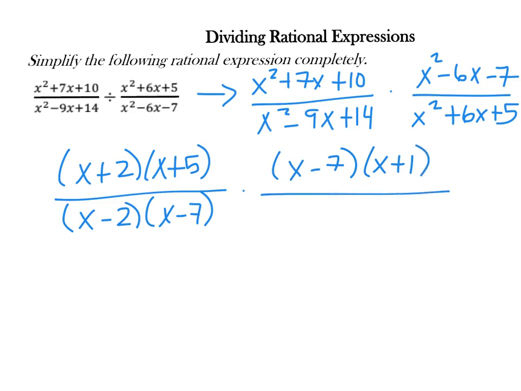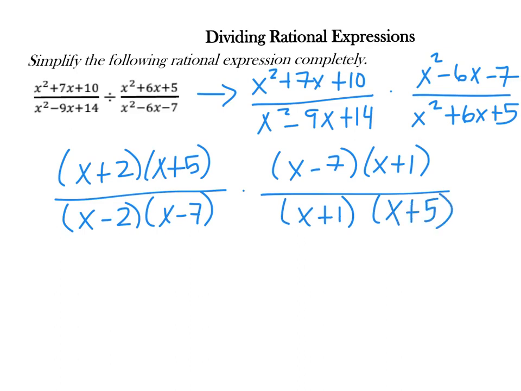In the denominator, I'm going to do the same thing. I'm going to find the factors of these three terms, x times x, 1 times 5, and that adds up to 6. So these are my two factors, x plus 1 and x plus 5.